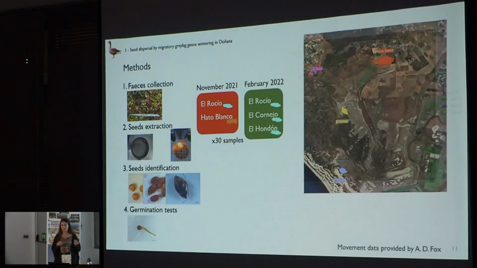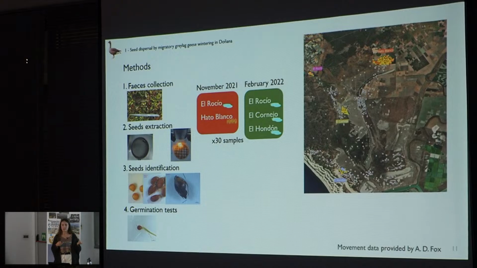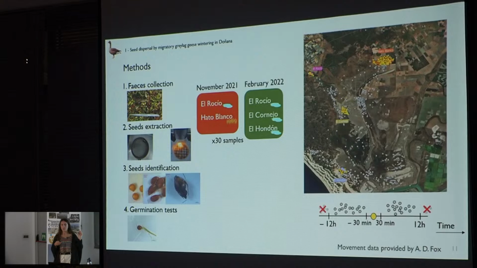So for doing that, we first drew 1 spatial polygon per sampling site, and we selected all the GPS fixes located within the polygon. And then among all the fixes, we selected those within the intervals from 12 hours to 30 minutes before and from 30 minutes to 12 hours later, after each location within the polygons and per individual goose.